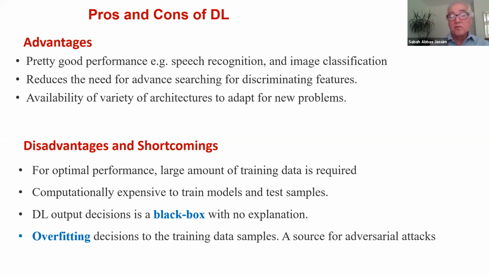And also there are too many of these architectures available, so these are the good things. The slightly less advantageous ones are the fact that the optimal performance requires a large amount of training data, although sometimes you could use various techniques to augment the data set.